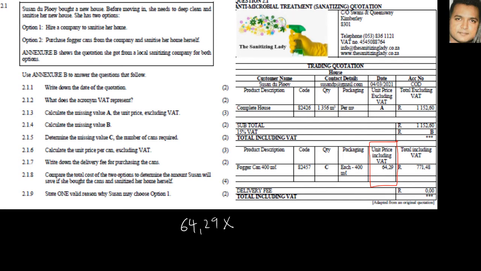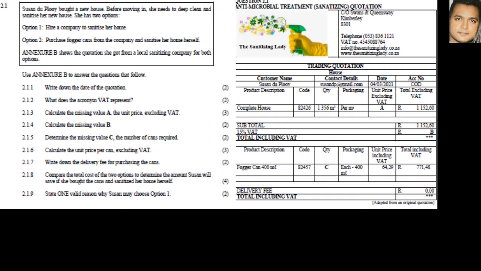And then now that we're taking out the VAT, so we multiply it by 100 over 115. Now the 115 goes in the bottom when we're taking out the VAT. When we're including the VAT, the 115 will go on the top. So in this case, we're taking out that money and we're going back to the original price without VAT. So that amount will be 55 Rand 90.